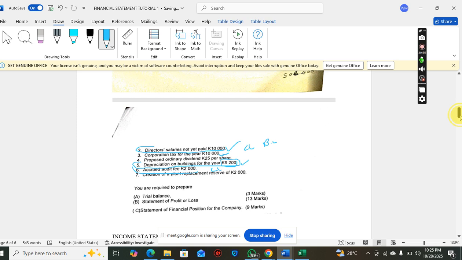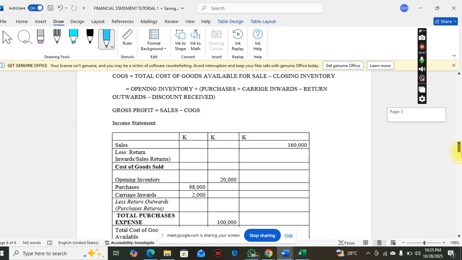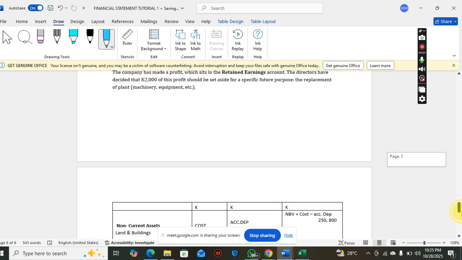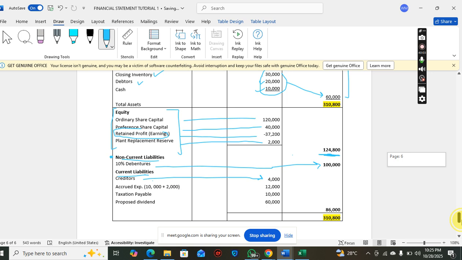So our accruals, 10,000 plus 2,000, 12,000. Even this tax should be part of an accrual because it hasn't been paid, 10,000.